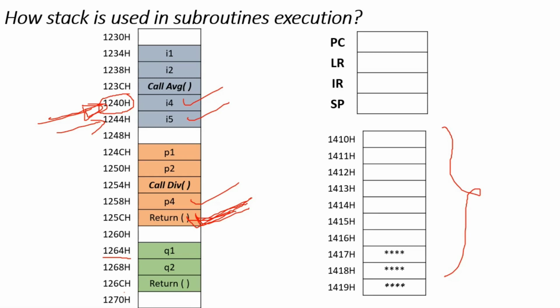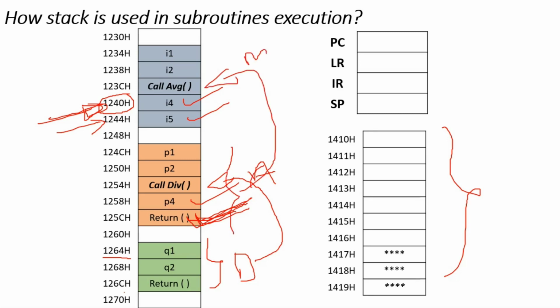And how exactly does it help in subroutine execution? When we execute the last subroutine, we just return back to the previous subroutine. We don't directly go back to the first subroutine. That means while division is executing here, after the return statement, we will go back to average, which called division. After completion of average, we will go back to the main function, which called average.